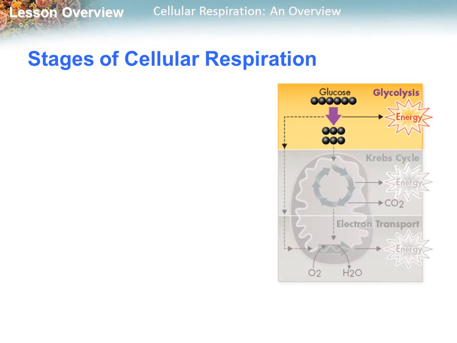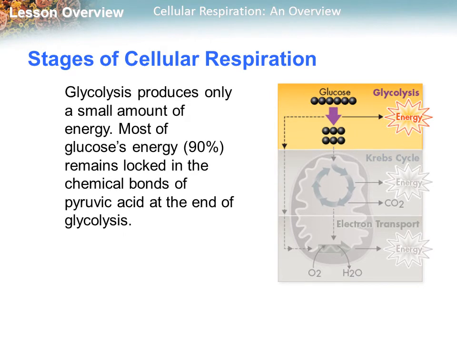Now let's see the first stage of cellular respiration. It's glycolysis. Glycolysis produces only a small amount of energy. Most of the energy of glucose, about 90%, remains locked in the chemical bonds of pyruvic acid at the end of glycolysis.